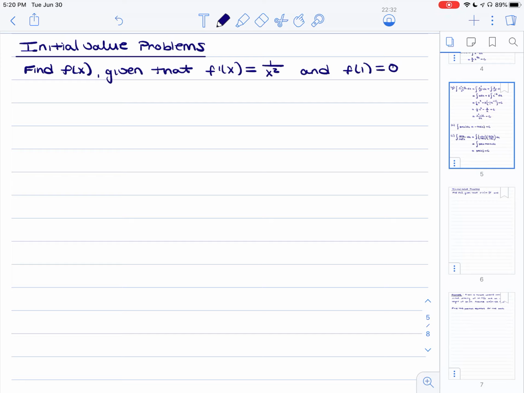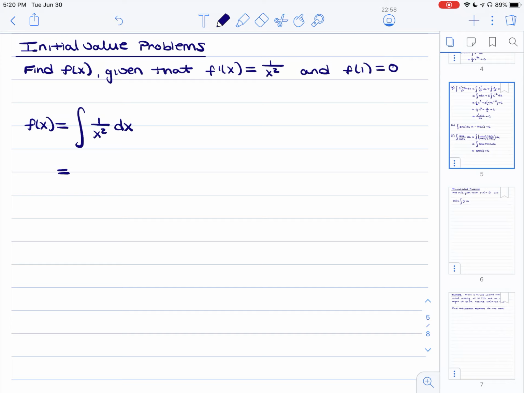So this first one, we're given our f prime function is 1 over x squared, and we're given this initial condition that f of 1 is equal to 0. All right, so we want to find f of x. So our f of x function would be the indefinite integral of 1 over x squared dx.